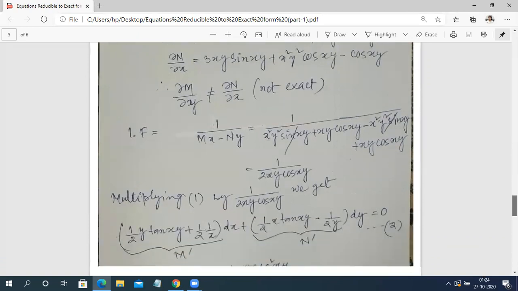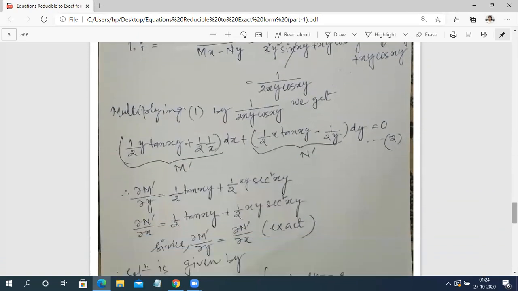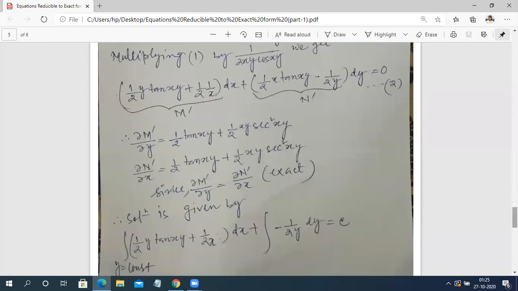In the next stage, you have to multiply the given equation 1 with this integrating factor, and you will get the new equation of the form m dash dx plus n dash dy. Now check whether after multiplying with the integrating factor this becomes exact or not. You can check these two terms are coming the same. That means del m dash upon del y is equal to del n dash upon del x.